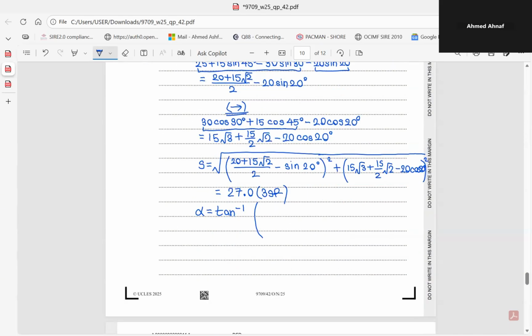So that's going to be 20 plus 15 square root 2 over 2 minus sine 20 degrees over 15 square root 3 plus 15 over 2 square root 2 minus 20 cosine 20 degrees.